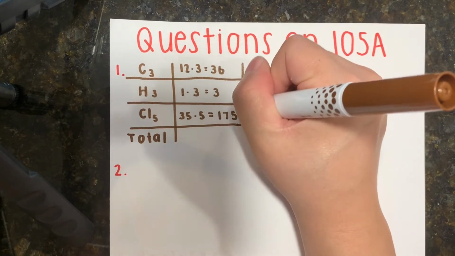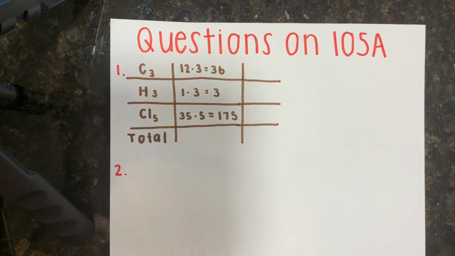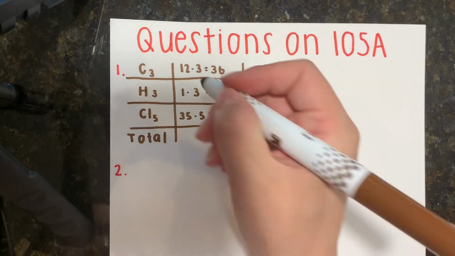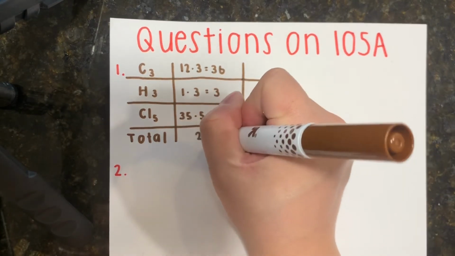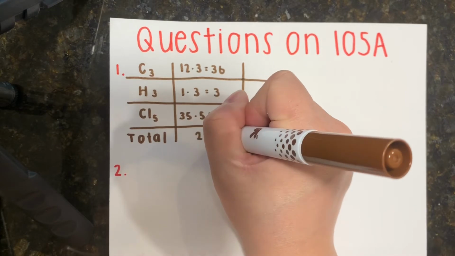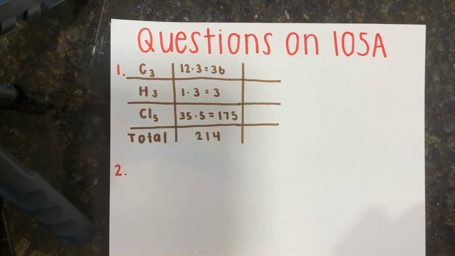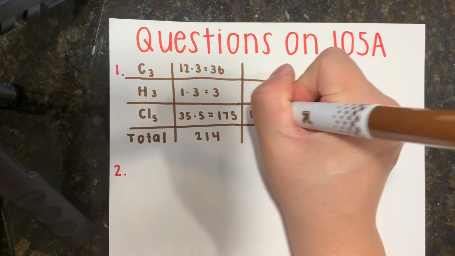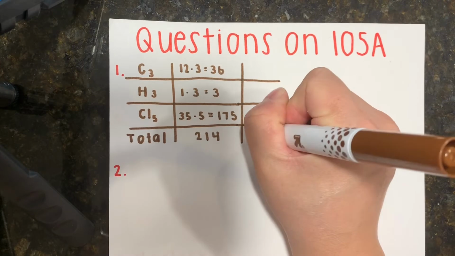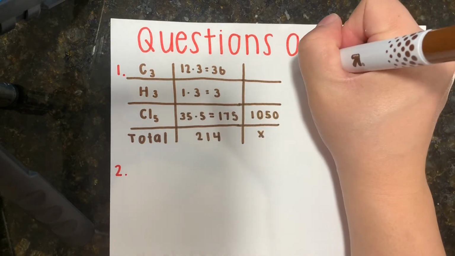Okay, so I need to extend my diagram a little bit. And then for the total of that column I have 175 plus 3 plus 36, which would give me 214. Now it says that the 1050 grams was the weight of the chlorine, so this would be 1050, and they want to know what the total is. So we're just going to cross multiply there.